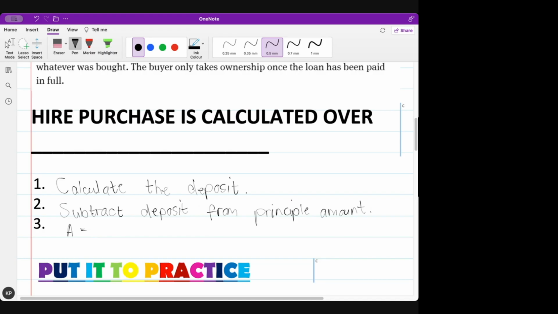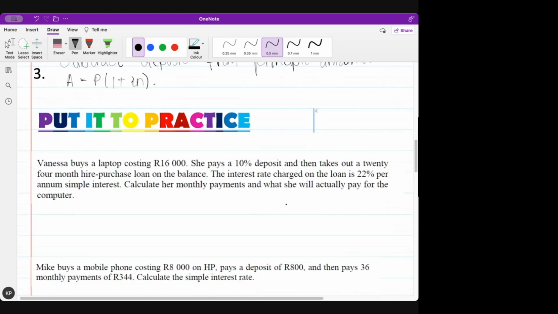On whatever is left, you need to calculate the accumulated amount, because obviously they charge you interest because it's a loan, right? You're making use of something that you cannot afford yet. So they will charge you simple interest. And then to find out your monthly payments, you will divide it by how many months are in that time period. So let us put it into practice.